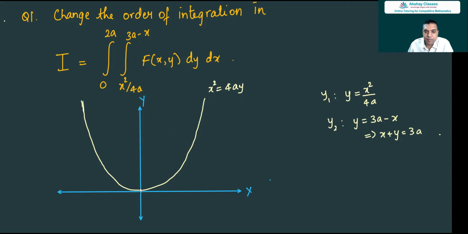Let's say this is (a, 0), the focus, 2a, 3a, and this is again 3a. So this is the line.